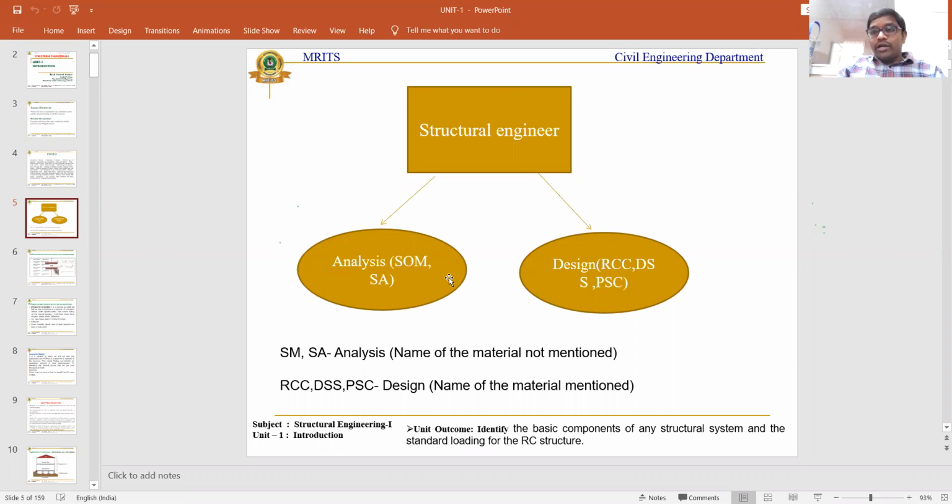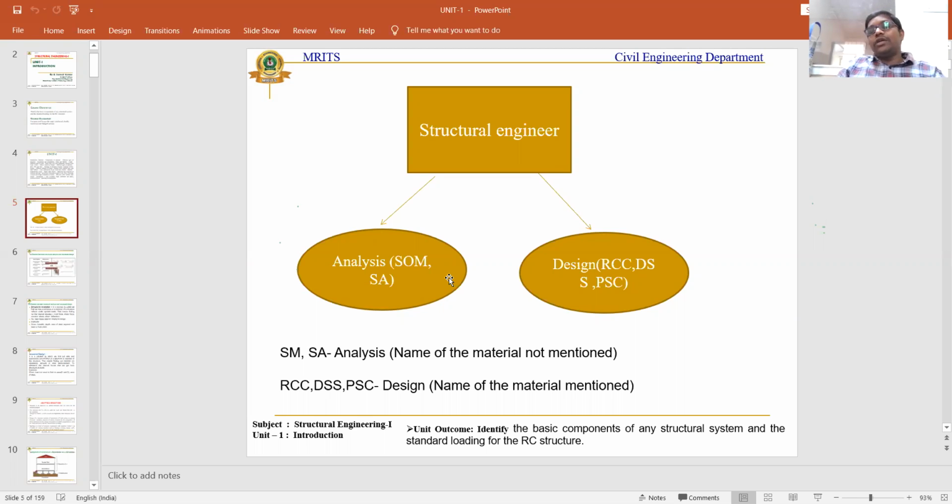If you want to know about the methods of analysis, you need to refer to analysis subjects like structural analysis, and thereby study the different methods. We have different methods like the slope deflection method, matrix methods of analysis, the moment distribution method, Kani's method, and so on, different methods for analyzing a structure.